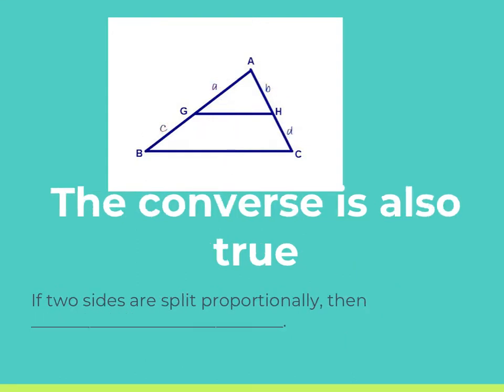The converse, or working the opposite direction, is also true. If two sides are split proportionally, then the lines are parallel. So if A over B is equal to C over D, then the lines would be parallel.